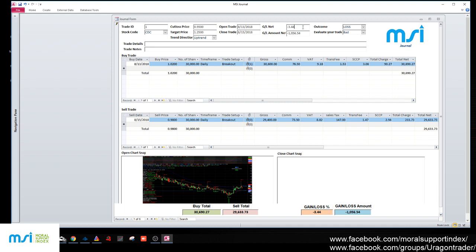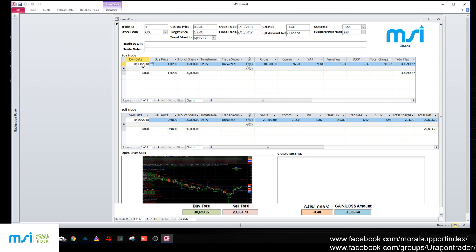Sabi ko nga kanina, you just have to copy this from this position here. Okay, so that's negative 3.44. You just have to type it there, and the amount that you just have to type it there also. Okay, I did not put any trade details, but feel free to put any details there and the trade notes.